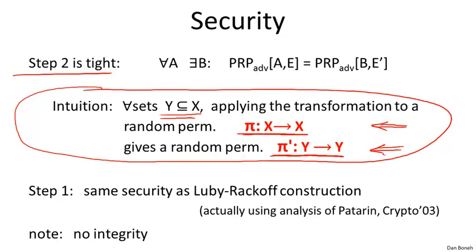Okay, so this is a very tight construction, and as I said, the analysis of the first step is basically the same as the Luby-Rackoff analysis. In fact, it's better to use the Patarin analysis using 7 rounds, and so there is a bit of cost in security here, but overall we get a construction that is a secure PRP, for not such good security parameters, but nevertheless a good secure PRP that operates on the range 0 to s minus 1, and this in turn will allow us to encrypt credit card numbers such that the ciphertext looks like a credit card number.